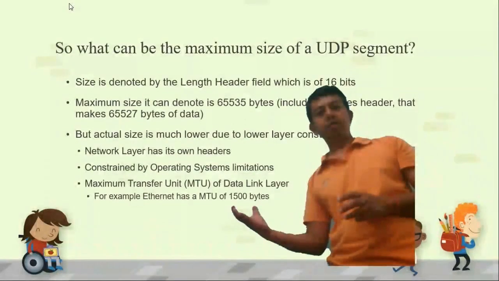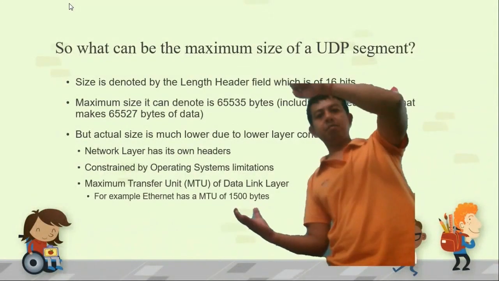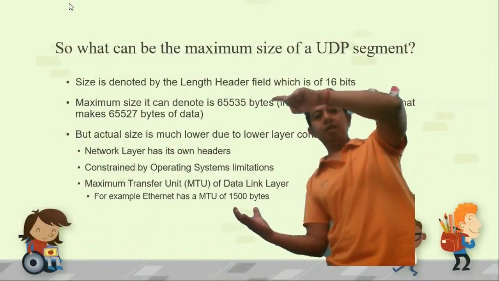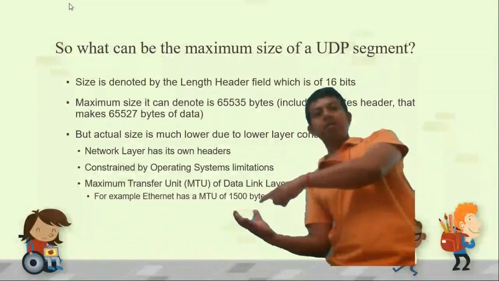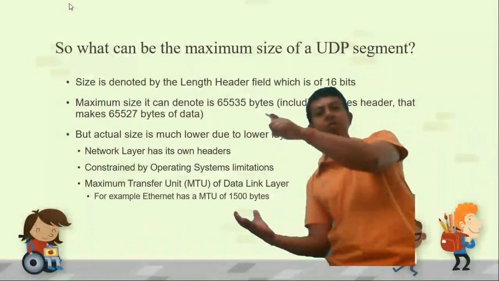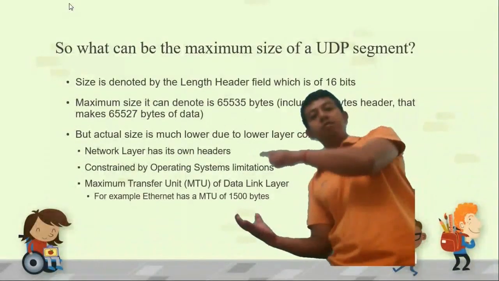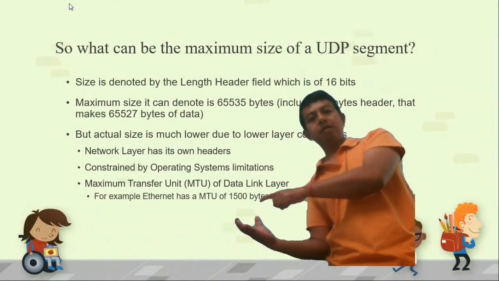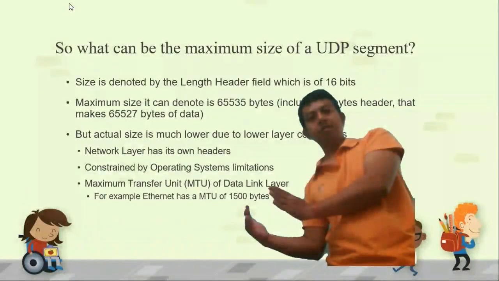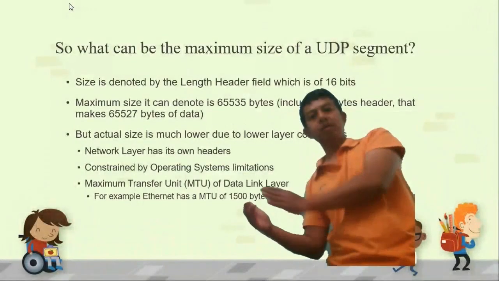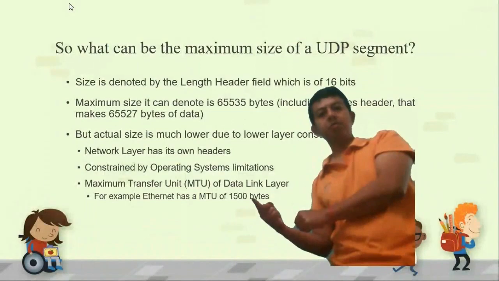That means the segment created in UDP has to be even less than 1500 bytes. Why less than 1500 bytes? Because some bytes of header information are added in the network layer. Some more header information is added in the data link layer. The total size has to be less than 1500 bytes if I use Ethernet.